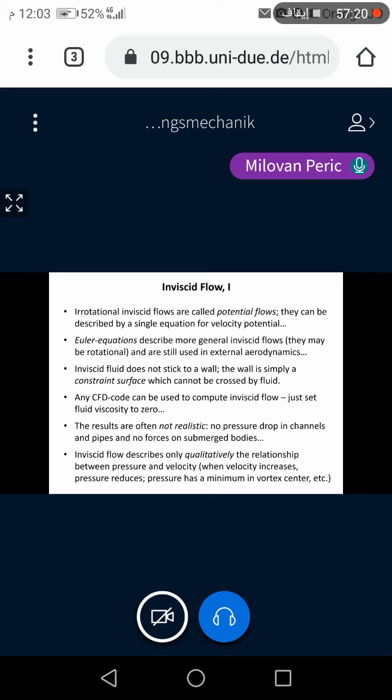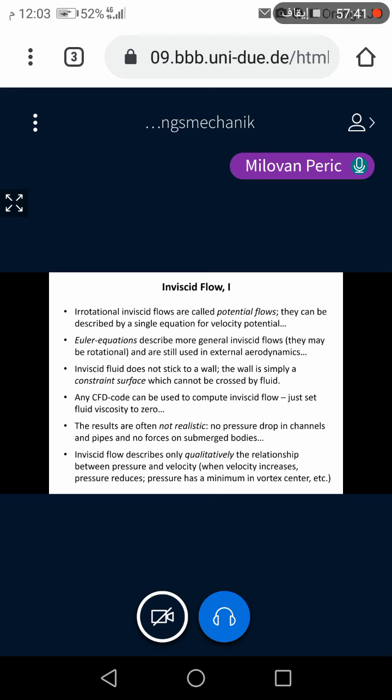Then the next level is the Euler equations, which describe inviscid flows, but they are not necessarily irrotational. And this is basically what you get from the Navier-Stokes equations if you set viscosity to 0. So any CFD code can be used to compute inviscid flow. You just set viscosity to 0, and you will get the inviscid flow solution.